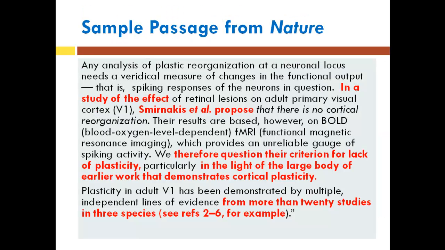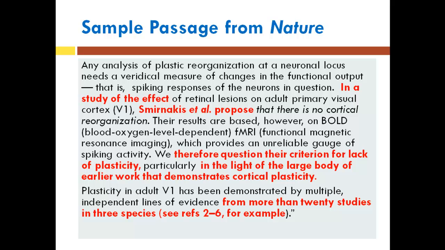Speaking of the language, let's take a look at this. Notice this passage from Nature on the same subject as that New York Times article. Notice how very different it is. "In a study of the effect of retinal lesions on adult primary visual cortex, Smirnikis et al. propose that there is no cortical reorganization." Unless you're an expert in this field, you're probably not going to know what retinal lesions are or cortical reorganization.